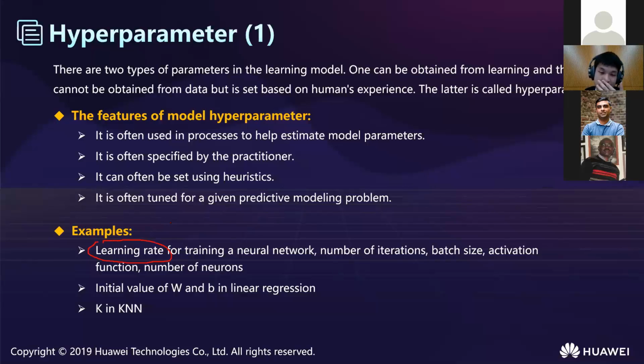The initialized value of the learning rate, how to choose a suitable value for it. The initialized value of the learning rate we need to set, so it cannot change during the training. I mean the initialized value.